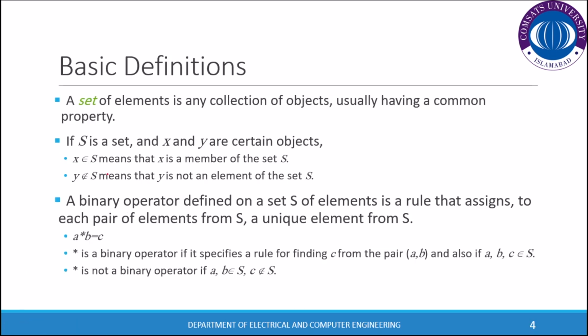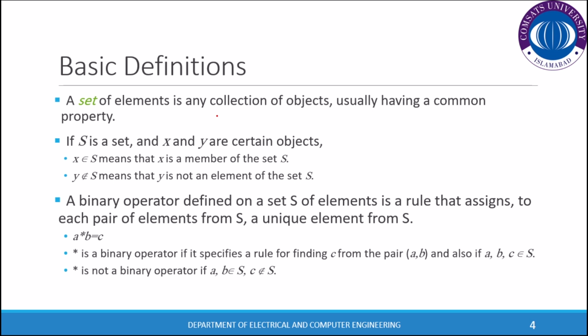So starting from the basic definitions, to understand Boolean algebra, we have to understand some basic definitions which are related to sets. A set of elements is any collection of objects, usually having a common property. For example, if I talk about decimal numbers, we all know that decimal numbers are from 0 to 9.